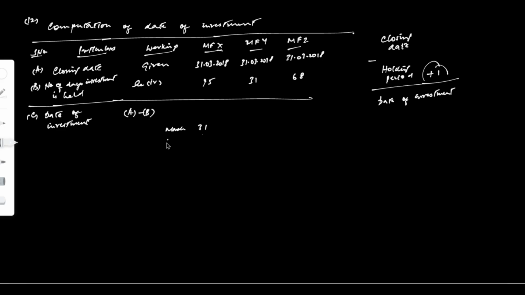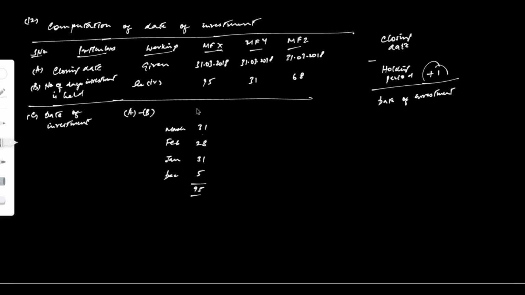Then Feb is 28. Then Jan is 31. So together 31 plus 28 plus 31 is 90. Right? But here it is 95. So we'll reduce 5 more days in December.